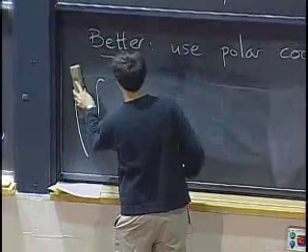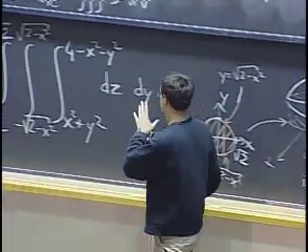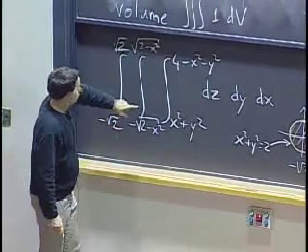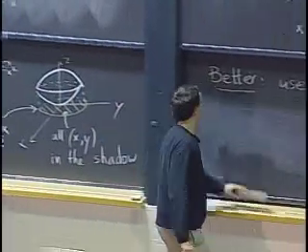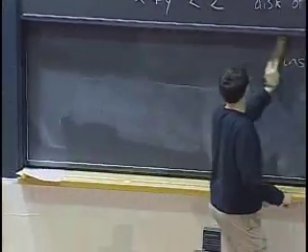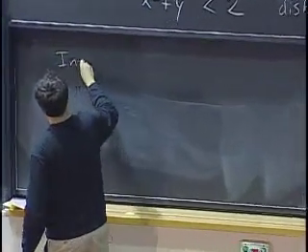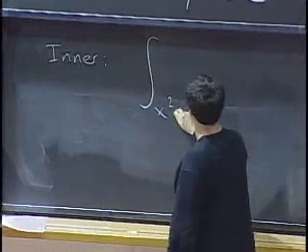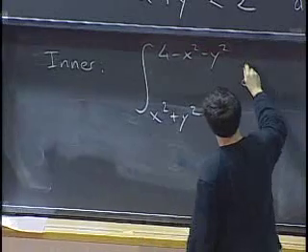Well, actually, let's not. It's kind of boring. But let me just point out one small thing here. If you try to compute the inner integral, you'll be integrating from x squared plus y squared to 4 minus x squared minus y squared dz.